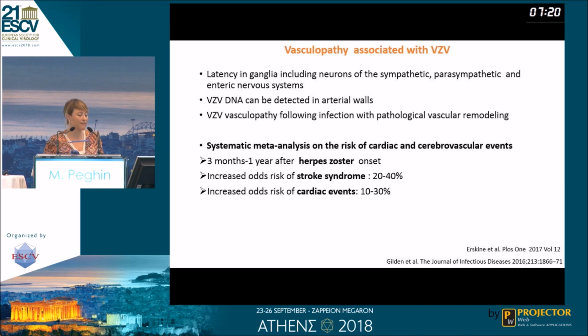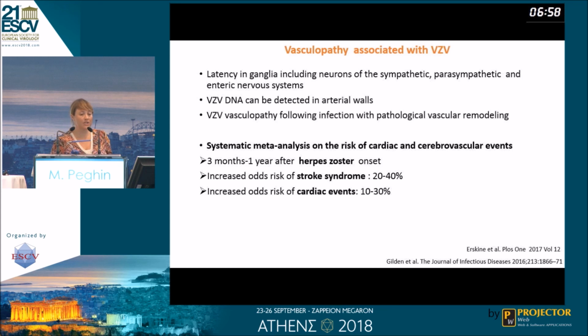This is a systematic meta-analysis studying the risk of cardiac and stroke events after infections, and they show an increased ratio of risk of stroke syndrome and cardiac events in patients who have been affected by herpes zoster in the previous 12 months.